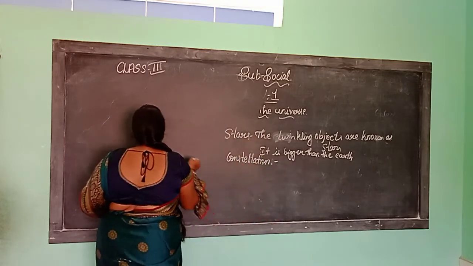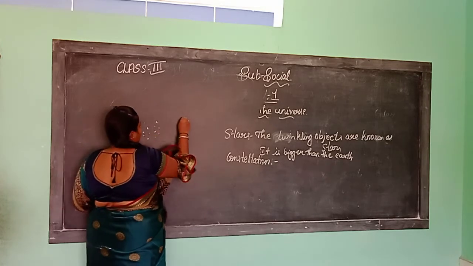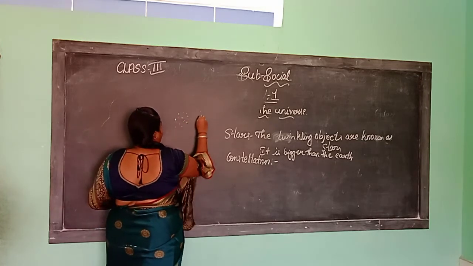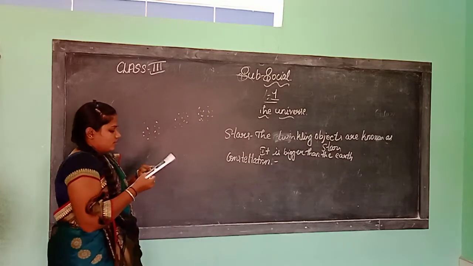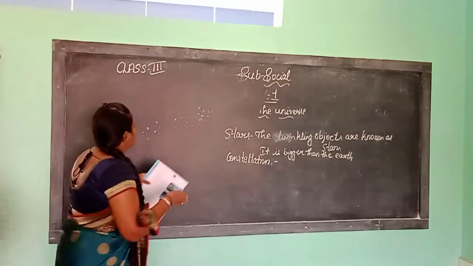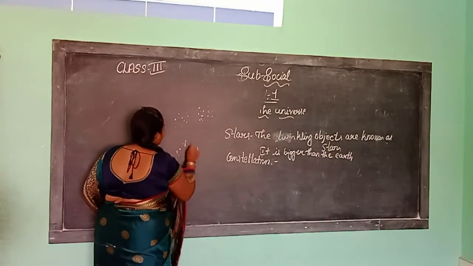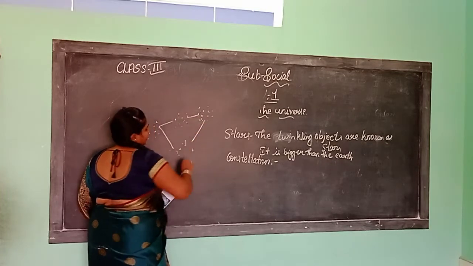What is constellation? Imagine these are the stars in the sky. This group of stars is joined by an imaginary line. They will form a pattern.